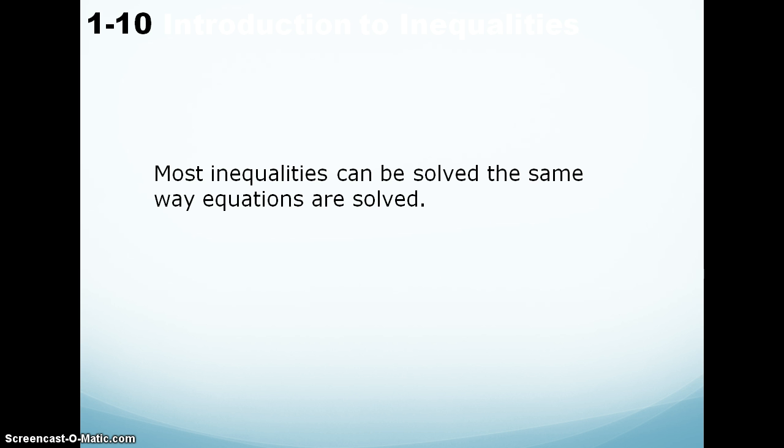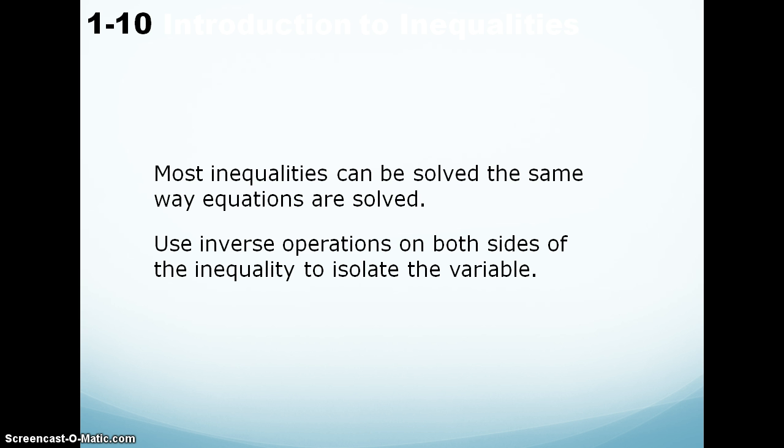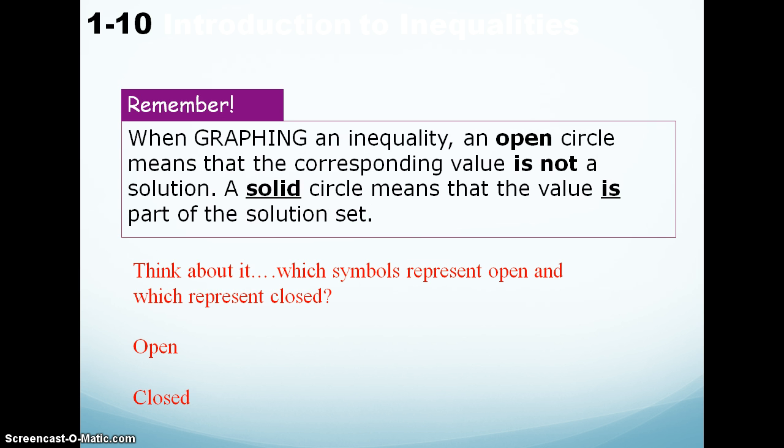Most inequalities can be solved the same way equations are solved. We use inverse operations on both sides of the inequality to isolate the variable. Remember, in graphing an inequality, open circle means the value is not a solution. Solid circle means the value is part of the solution. So think about it. Which symbols represent open and which represent closed?